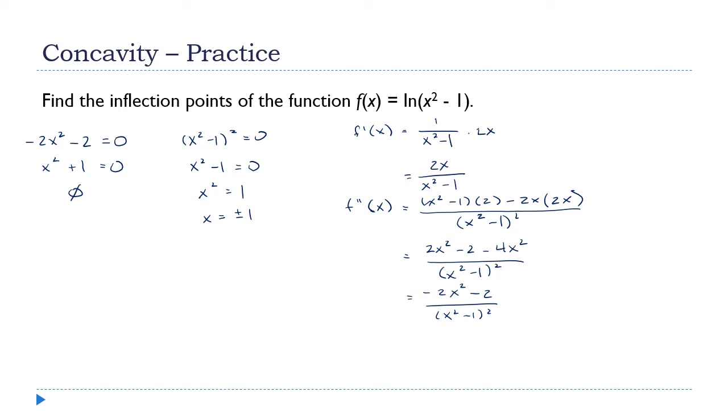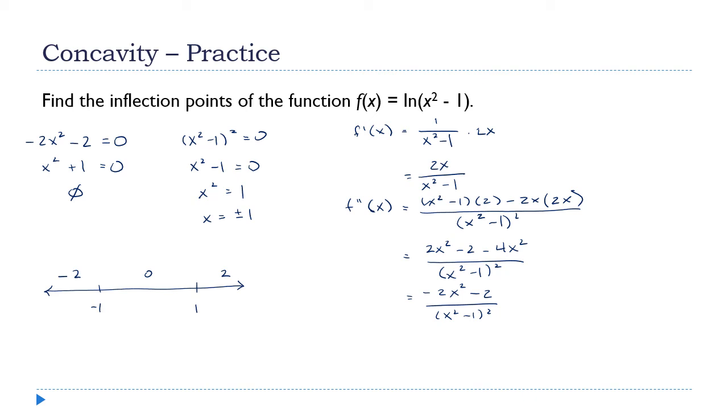So now we have to do our test, right? I'm going to do a number line. And I'm going to do minus 1 and 1. So let's pick points to test. I'm going to look at negative 2, 0, and positive 2.